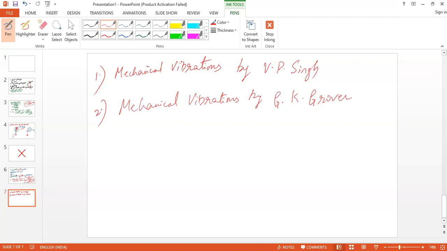You can use the vibrations by VP Singh to solve the problems, as there are so many numerical examples, and vibrations by GK Grover to understand the concepts and philosophy behind the mechanical vibration.